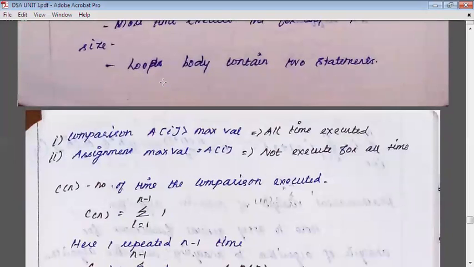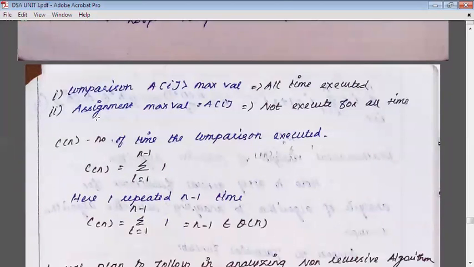So the comparison of a of I with the max value is the first statement that is executed all the time. The second, the assignment, max value equal to a of I, is not executed all the time. Only whenever the first comparison statement is true is the second statement executed. So applying this to the given formula, C of n is the number of times the comparison is executed.